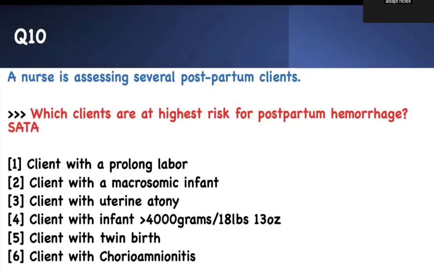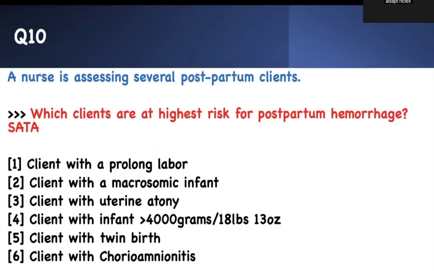There's the content associated with postpartum hemorrhage. This is what we call risk factors for postpartum hemorrhage. Content is what? All of them are right. Anything that will make the uterus bigger, anything that will slow down the uterus is a problem. Prolonged labor, the uterus gets tired. It doesn't contract easily. You bleed. Macrosomic baby is big. It's the same as 4,000 grams, 8 pounds, 13 ounces.